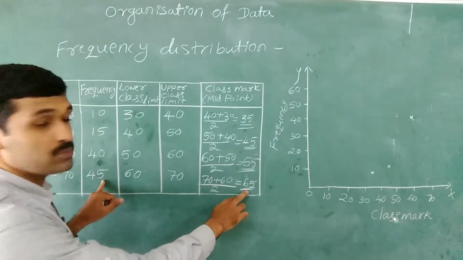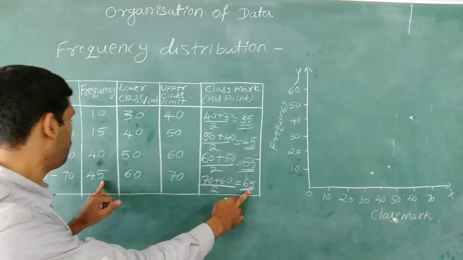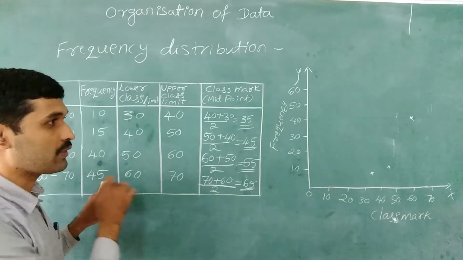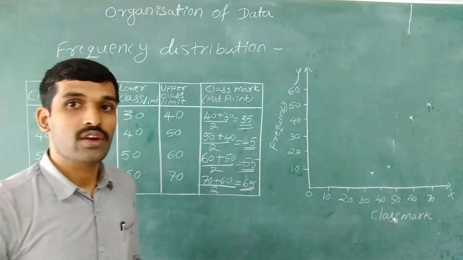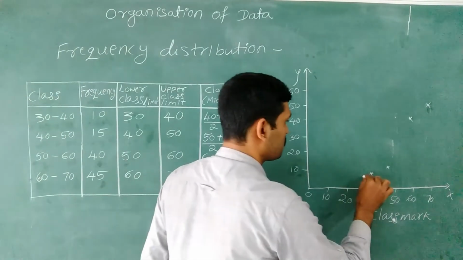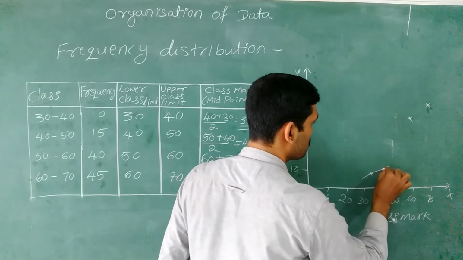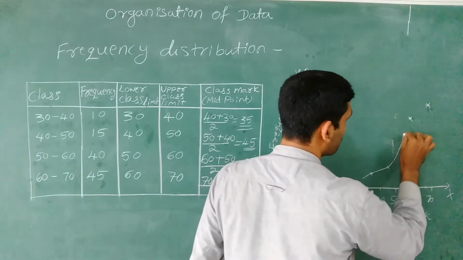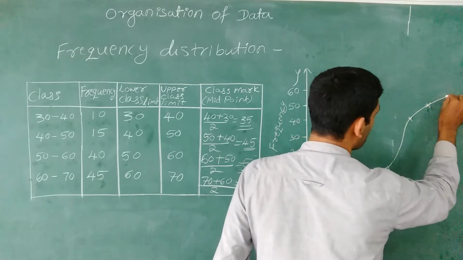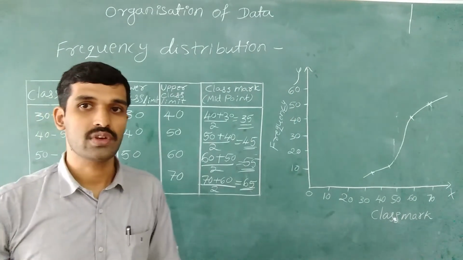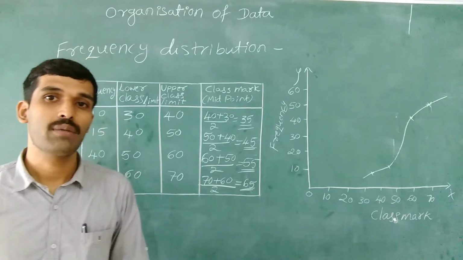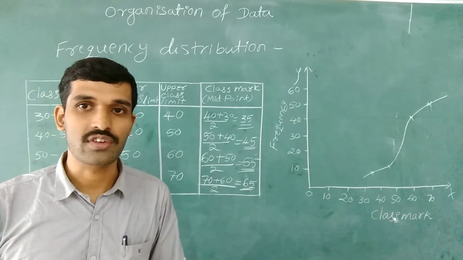And next class midpoint is 65 and frequency is 45. Then we can draw a line which is joining all these points. This line shows the frequency distribution. This is the diagrammatical representation of frequency distribution.